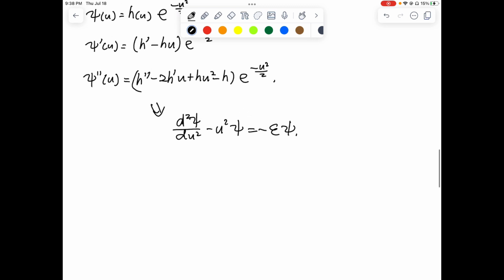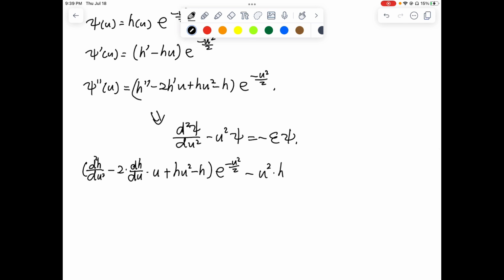So let's do it. It's going to be d squared h over du squared minus 2 times dh du times u plus h times u squared minus h, times e to the negative u squared over 2. So this is the second derivative minus u squared times the wave function.